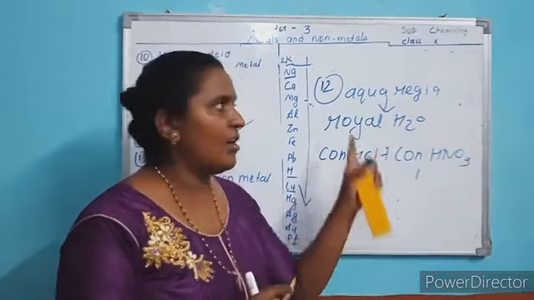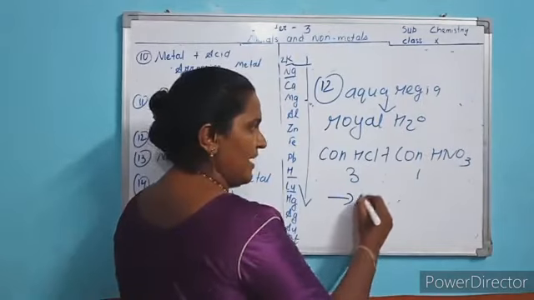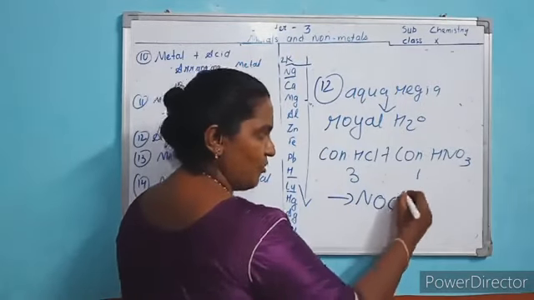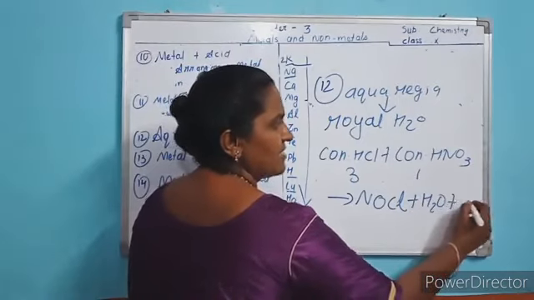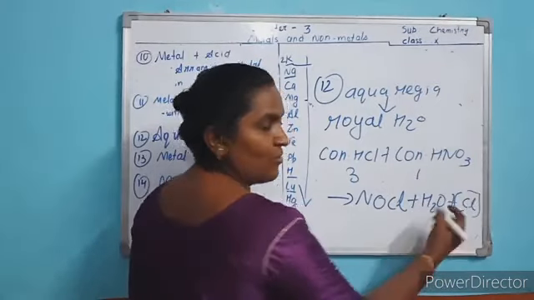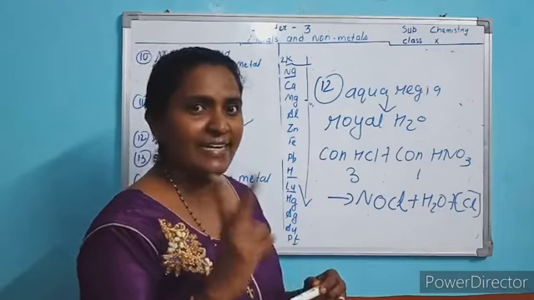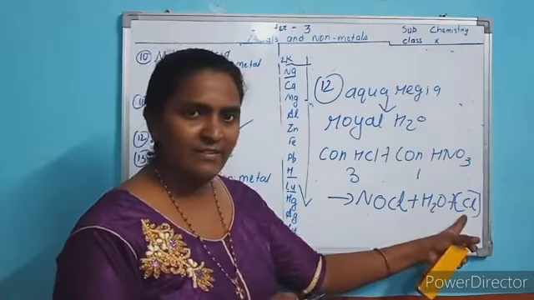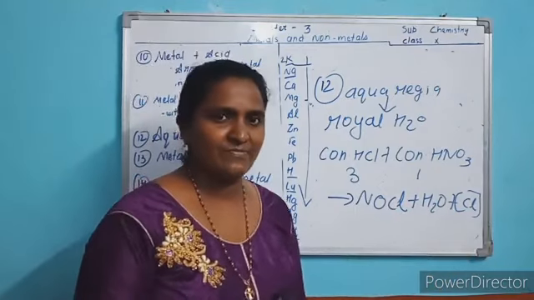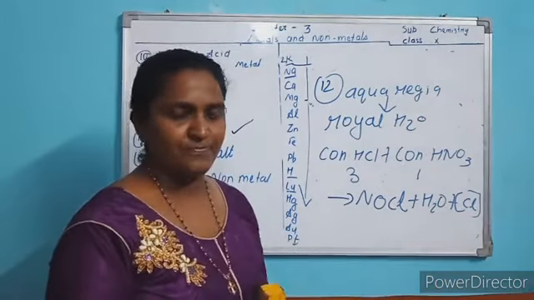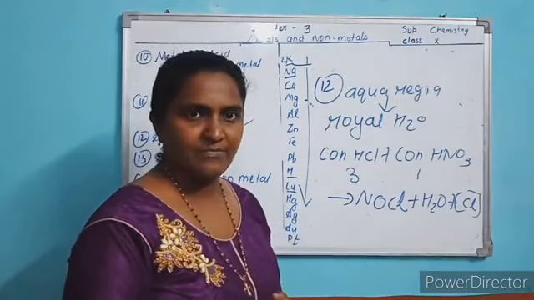This mixture is called aqua regia. On mixing, you will get nitrosyl chloride plus water plus nascent chlorine. One atom of chlorine, so we say nascent chlorine. Chlorine is a gas, generally existing as a diatomic molecule. When you write one atom, you write nascent chlorine, very reactive, not stable.